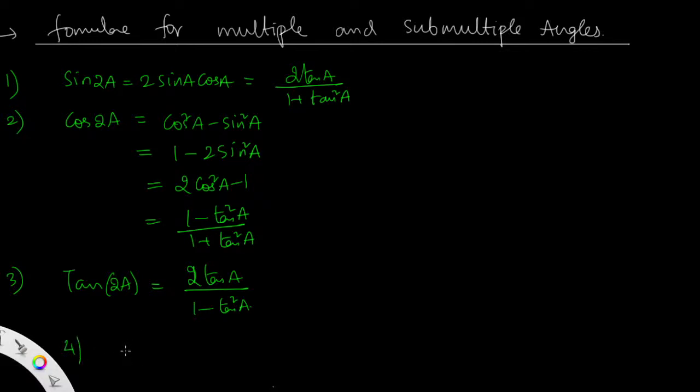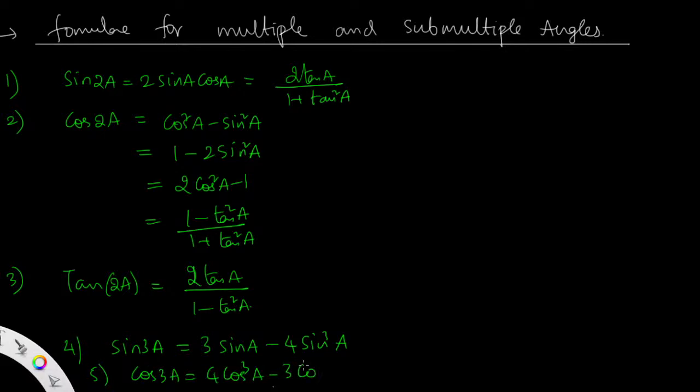That is sin 3a. All are known, but once again, sin 3a is nothing but 3 sin a minus 4 sin cube a, and cos 3a is nothing but 4 cos cube a minus 3 cos a.